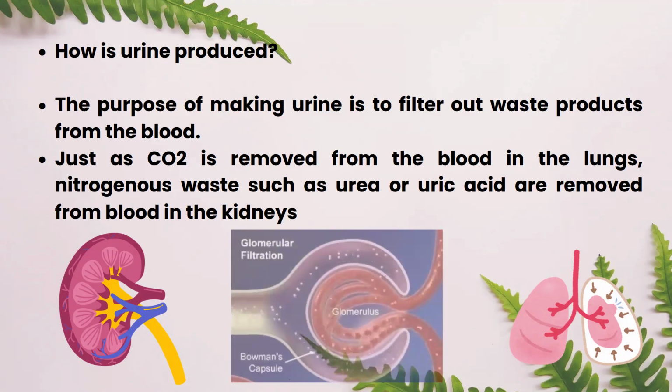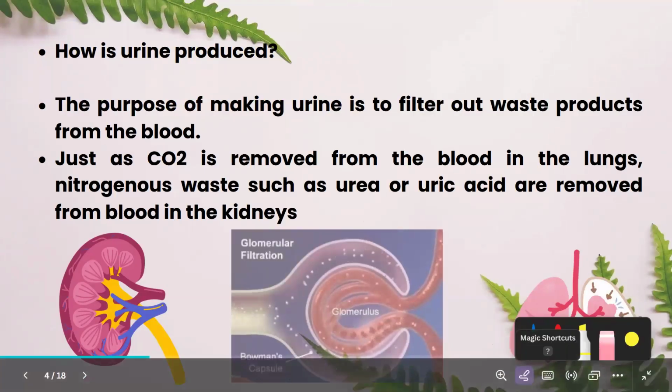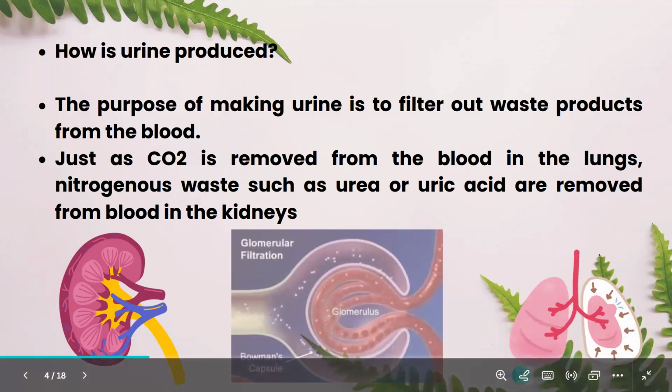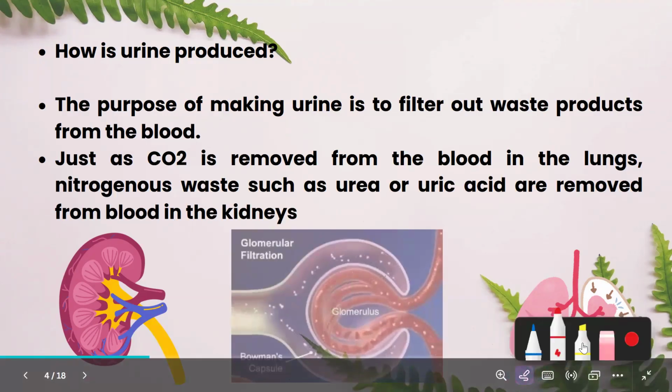So now we know that the excretory system consists of one pair of kidneys. So how is urine produced inside our body? The purpose of making urine is to filter out waste products from the blood. I already highlighted this key point. So what is the purpose of the excretory system in our body?